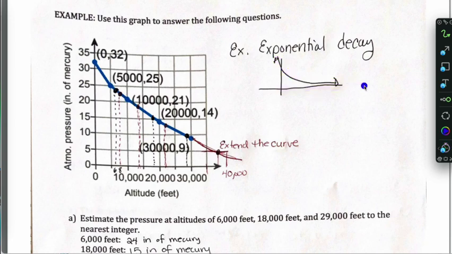It's just going to keep getting closer and closer, but it will never touch it. So theoretically, we would say that this would never be zero because it would keep getting super close to zero, but would never actually touch that horizontal axis and actually hit zero.